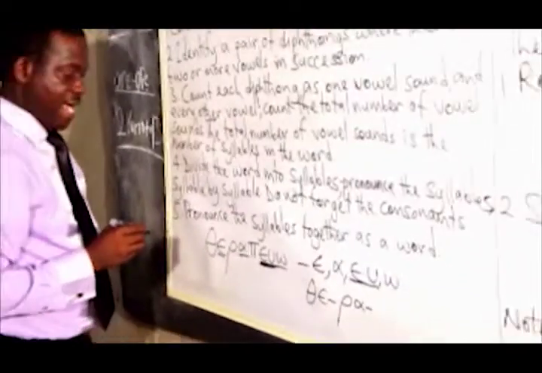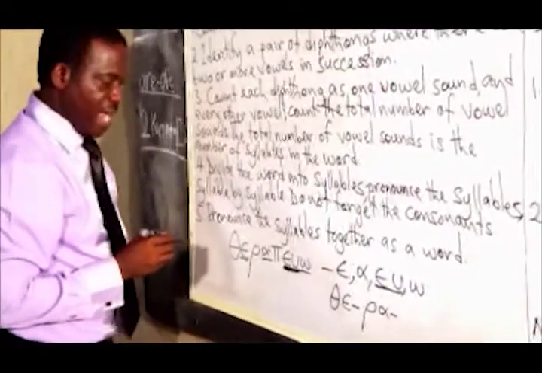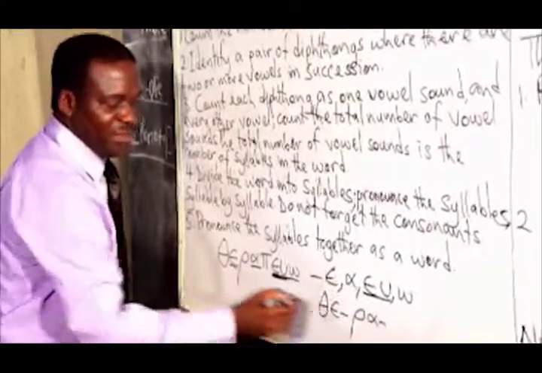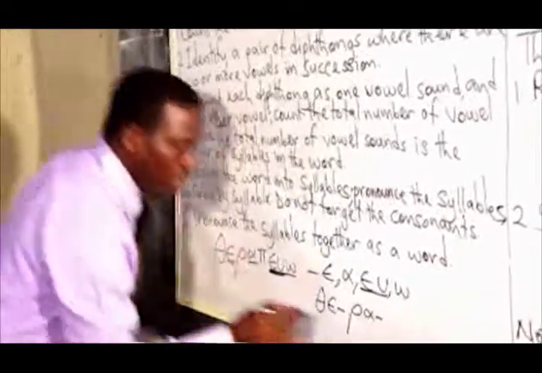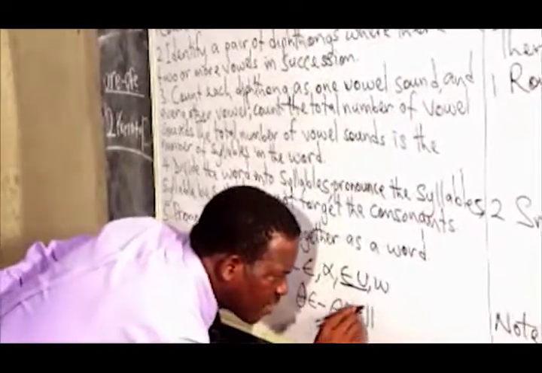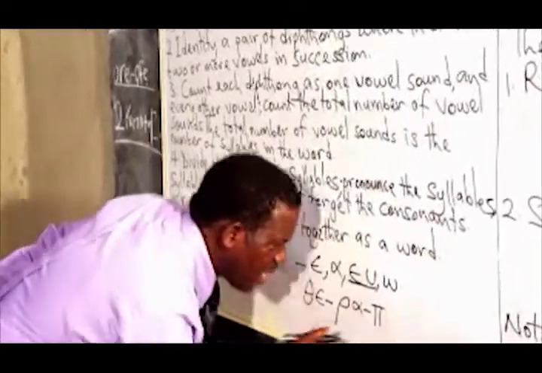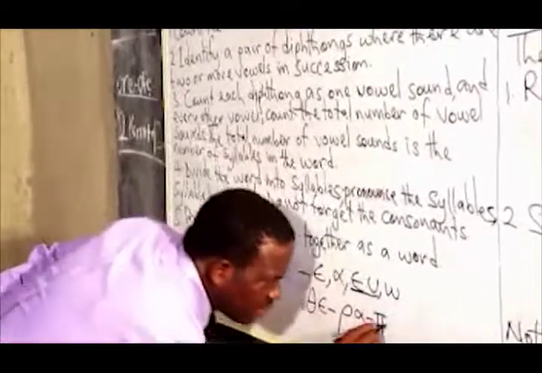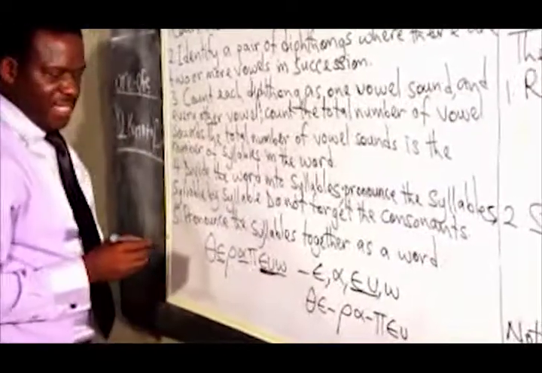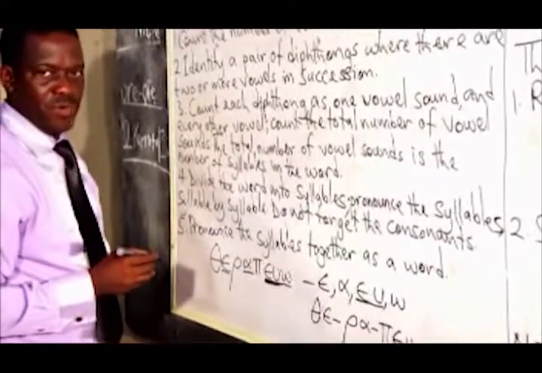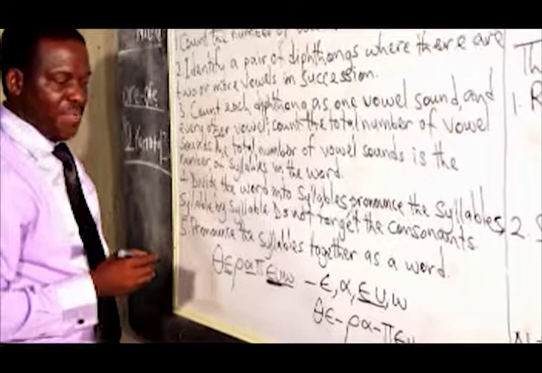Te, ra, te, ra. So we are coming to syllable division here again. Then we come to the next consonant with the diphthong. We have terra, piu, terra, piu.